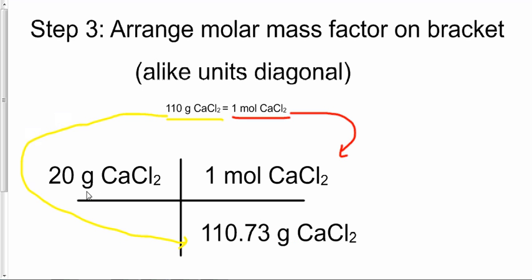Now these units, the grams and the grams, are diagonal. That's very important. It really should say right here 110.73. I forgot to type the 73.